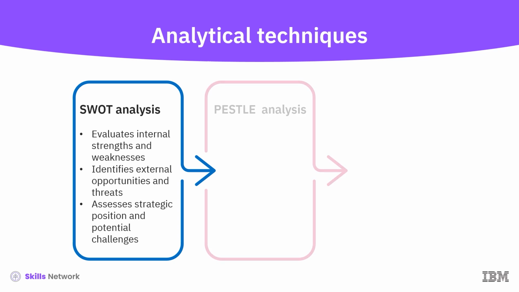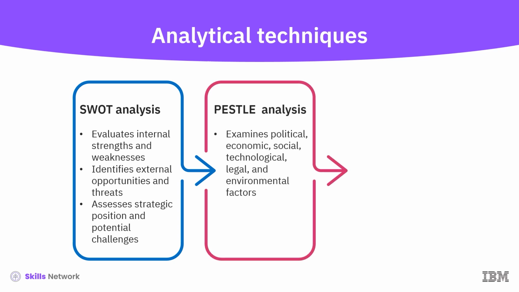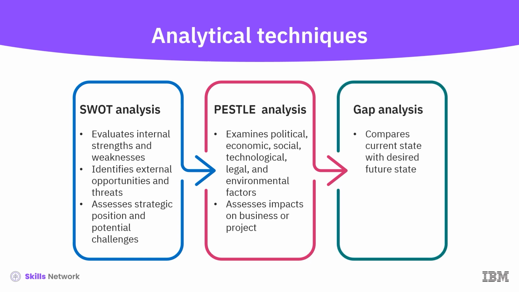Complementing this, PESTEL analysis examines external, macro-environmental factors, including political, economic, social, technological, legal, and environmental elements that may impact the business or project. Additionally, gap analysis compares the current state with the desired future state to pinpoint gaps that need resolution. This also defines project scope and objectives, ensuring alignment with the desired outcomes.